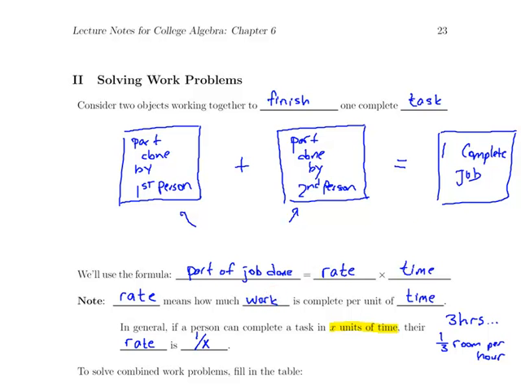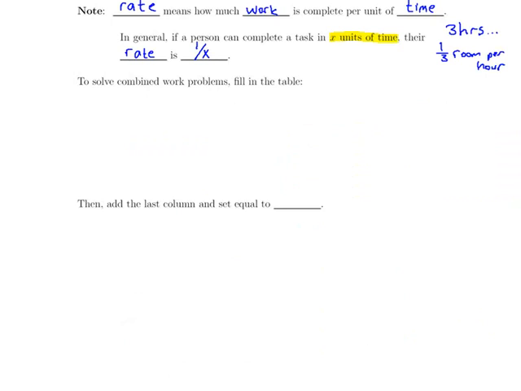Okay? Now let me give you a little bit of a strategy here. As we scroll down to the next part of the page, whenever you've got a combined work problem, one of the best things you can do is organize the information given to you into a table so you know what's what. You know what information you've been given and then how to put it together into an equation. Here's what the table is going to look like.